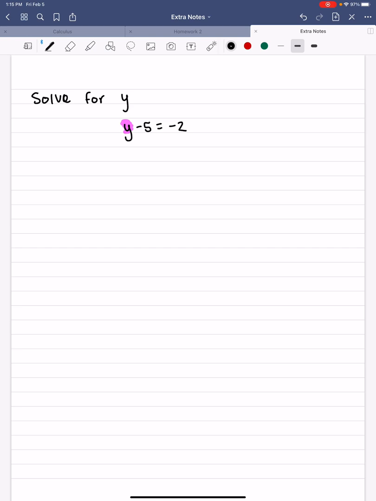And we're going to do that by doing the opposite of what's being done. So we have y subtract 5 equals negative 2. The opposite of subtraction is addition. So we're going to add 5 to both sides. Now when we do that, those 5's cancel out. And y equals negative 2 plus 5, which is 3. When we solve, we get y equals 3.